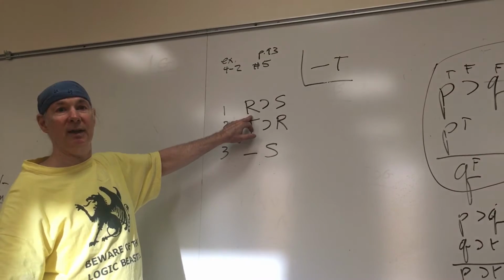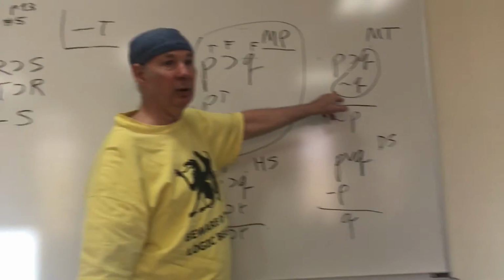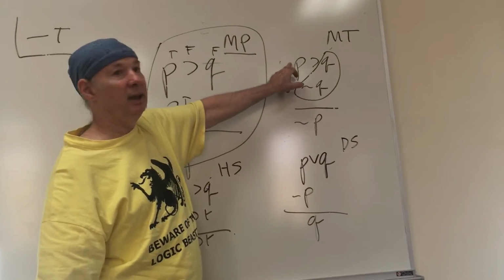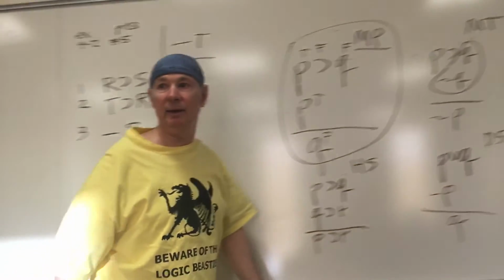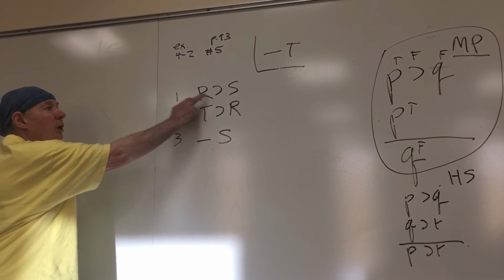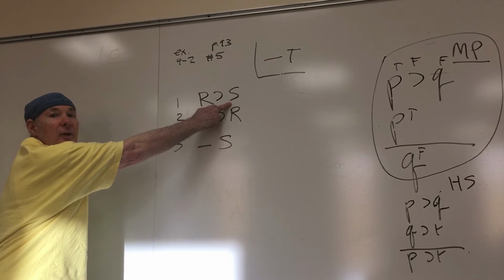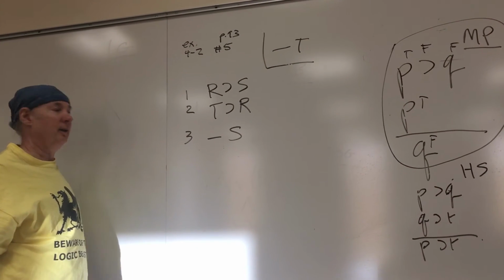MT, MT. MT is the rule. It says I need a horseshoe and the opposite of the right. I've got the horseshoe. Do I also have the opposite of the right-hand side? What line is it? 3.